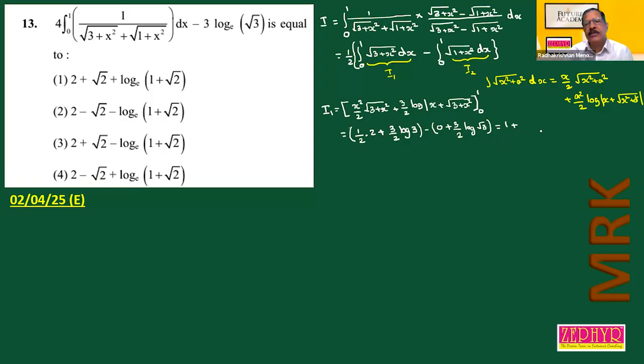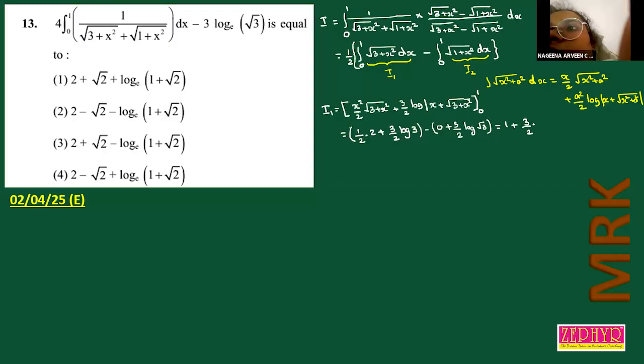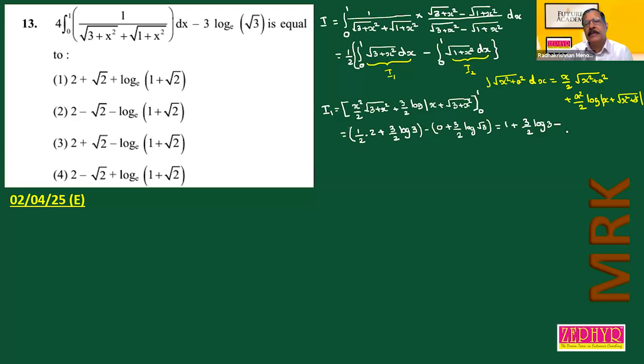We can write this as 3 by 2 log 3 minus 3 by 4 log 3, which is equal to 1 plus 3 by 4 log 3. Okay, 3 by 2 log 3 minus 3 by 4 log 3 is 3 by 4 log 3.